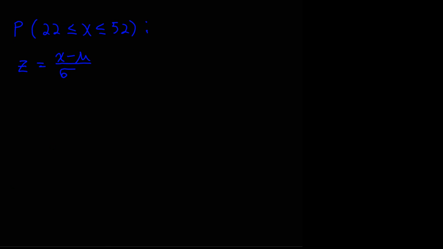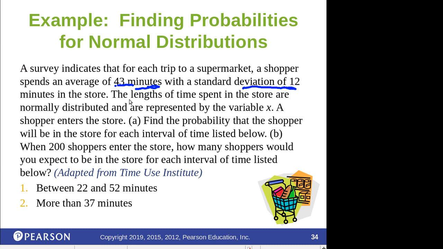Let's look at this problem again. I am looking for the probability that we're between this time interval of 22 and 52.